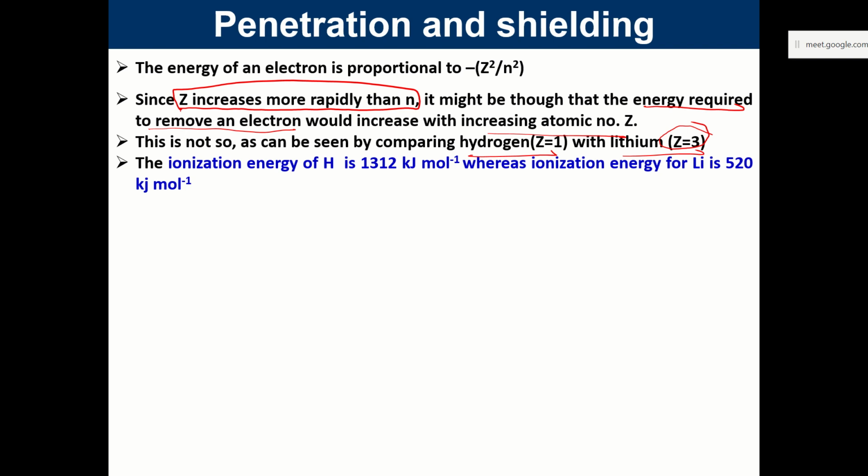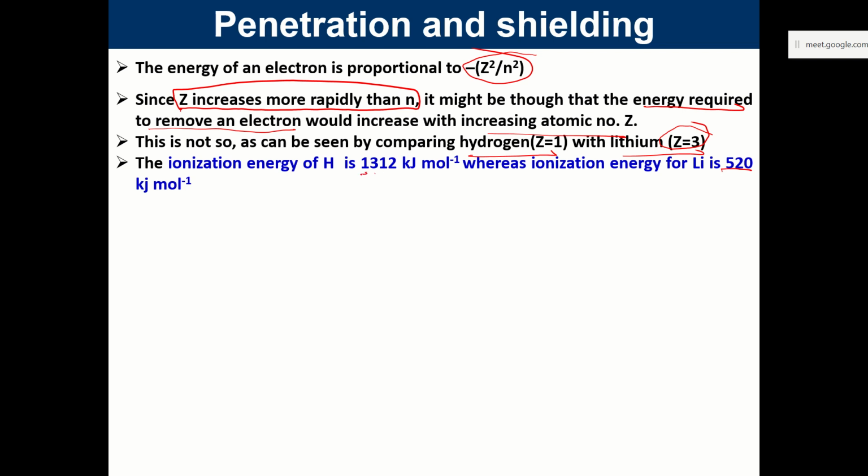So ionization energy would have been higher if we go only by the Z square by n square comparison. But practically we find that it is much easier. In contrast, it is completely reversed.